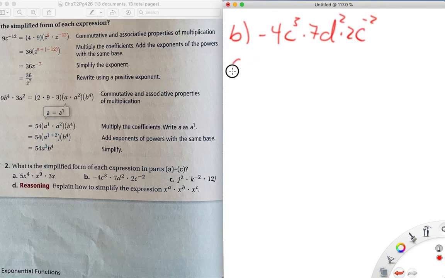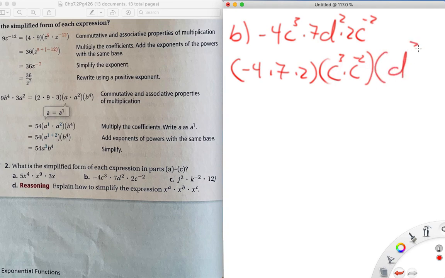So it's going to be negative 4 times 7 times 2. Now the c's, not the d's, my bad: c to the third times c to the negative 2. And then lastly, d squared. 4 times 7 times 2 is negative 56.